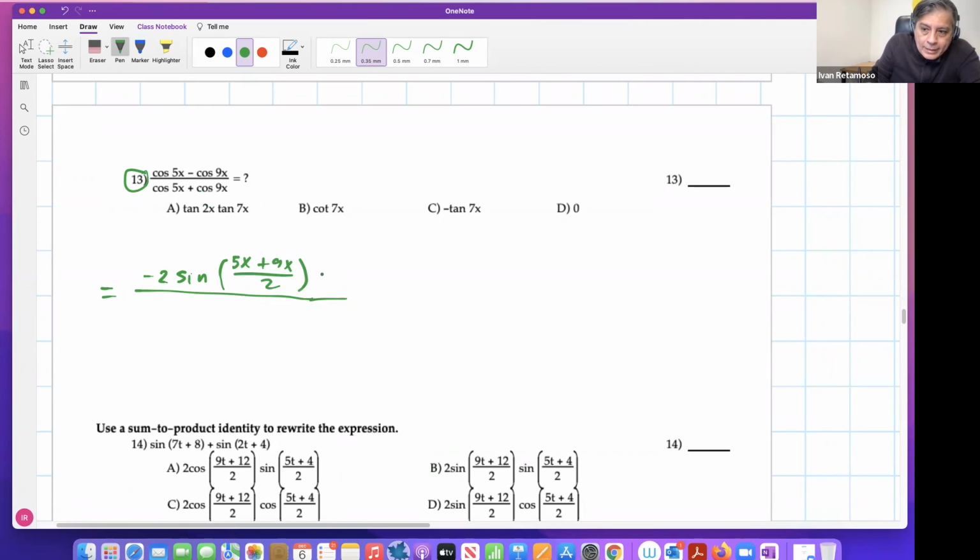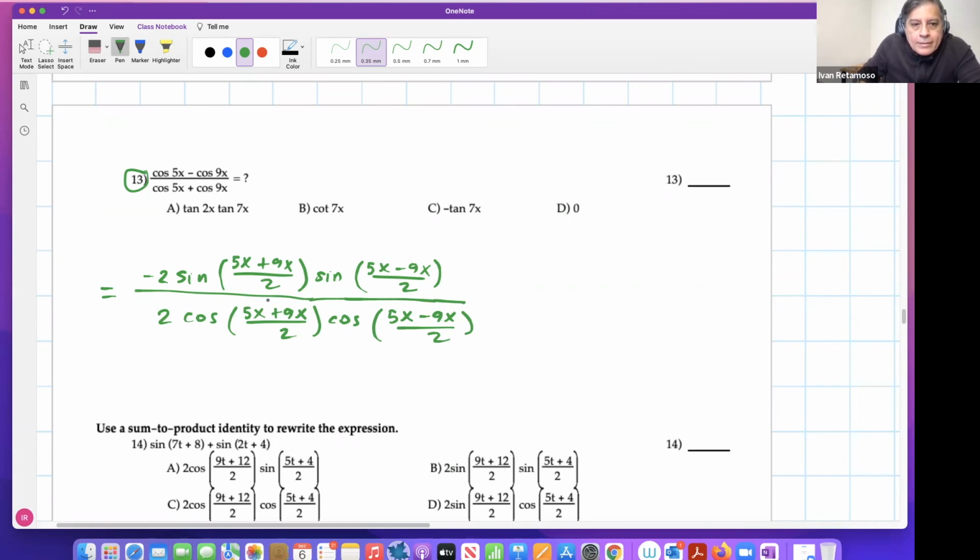Multiply by, actually sine again, sine of alpha minus beta over 2, right? This is the formula. That's the numerator. The denominator, cosine plus cosine, has the last formula on the set. Twice cosine of alpha plus beta over 2, so 5x plus 9x over 2, multiply by cosine of 5x minus 9x over 2, okay?